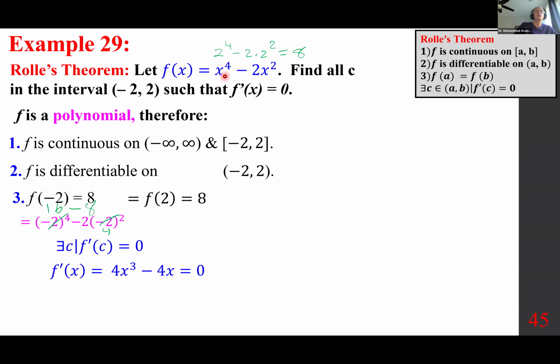You set it equal to 0. So factor the 4x out. You get x squared minus 1. You set this one equal to 0, x is 0. You set this one equal to 0, x squared equals 1, x is plus or minus 1. So there are 3 points.